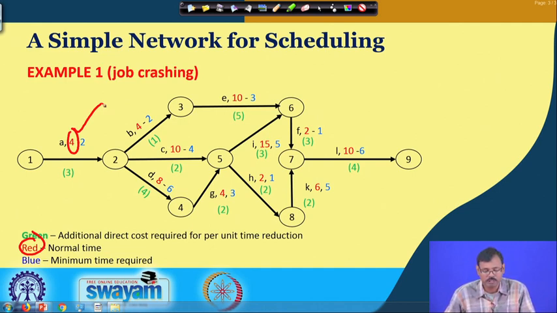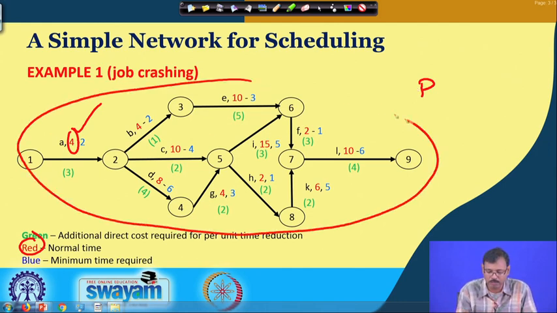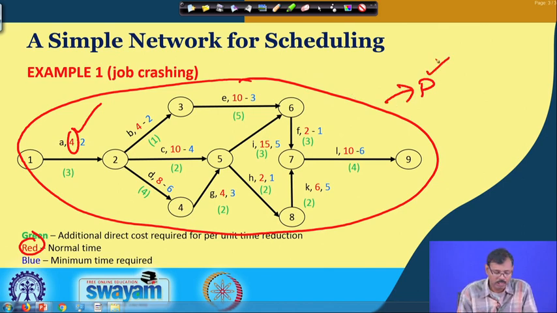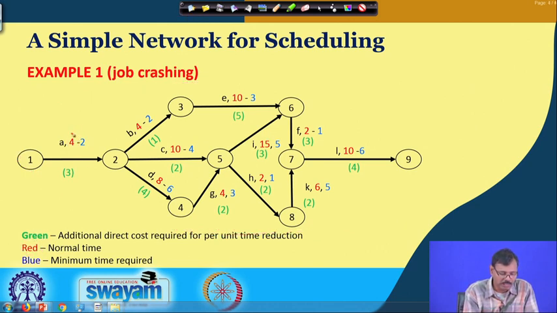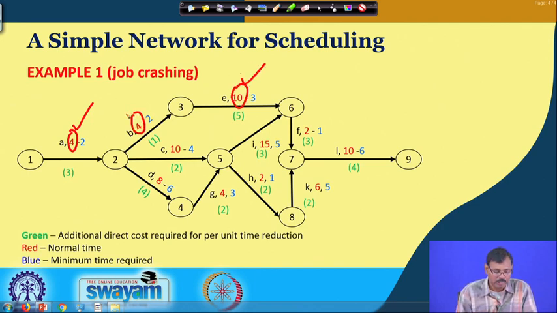That is the expected time for which the total costing is already carried out, and let us consider that the total costing is P, that is the direct total cost required for completion of these total activities is hereby assumed as P. While we are considering this P, we are considering the activities have to be completed in the normal time, and this normal time of each job is marked in red color. The blue color what we have marked is the minimum time required to complete that particular job.